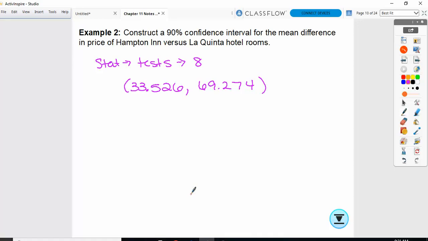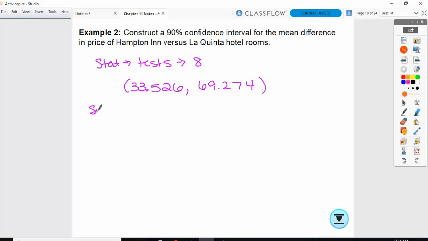So remember when we're trying to decide if we reject or not, we look at our null hypothesis. The null hypothesis was the difference was 0. We are 90% confident the true difference is between $33.53 and $69.27. Is 0 in that interval?